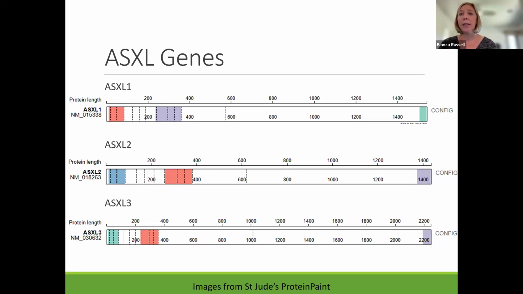In the ASXL genes, just the way that they're structured, their last two exons are by far the biggest of all their exons, and their earlier exons are much smaller. For ASXL1 and 2, it's exons 12 and 13. For ASXL3, it's 11 and 12, so it has one less exon. But those are certainly the largest portions of the gene, and therefore also the area where we see the most genetic changes.